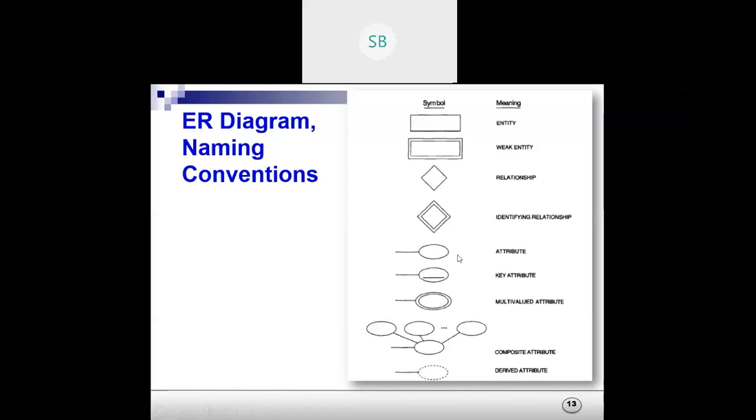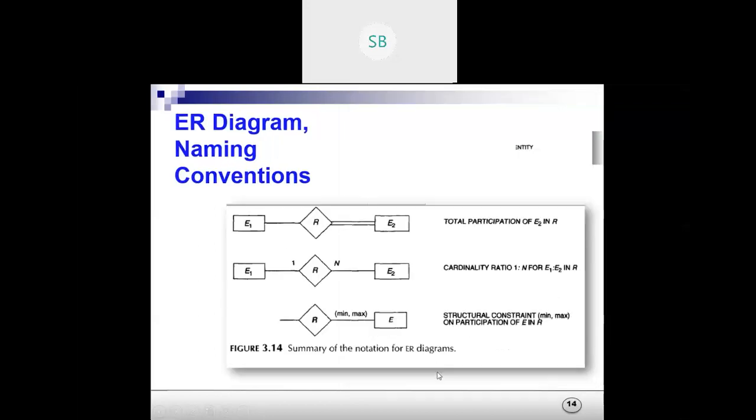If it's a simple attribute, it is a simple oval. If it's a key attribute or the primary key, we represent it with an underline. Multi-valued has two ovals. Composite comprises multiple lines, and derived is a dashed oval. Participation constraints we'll study today.